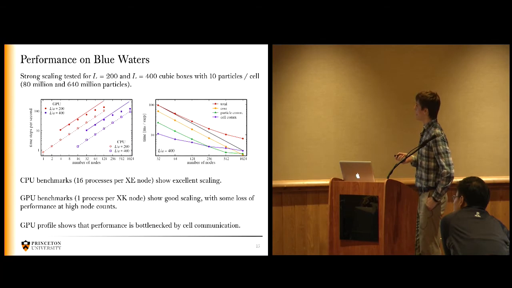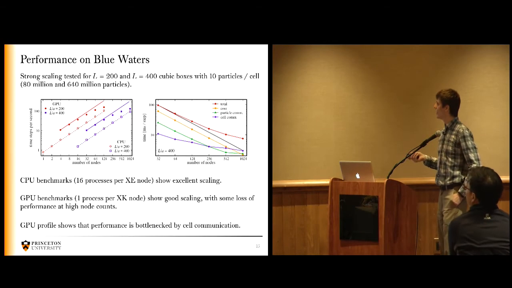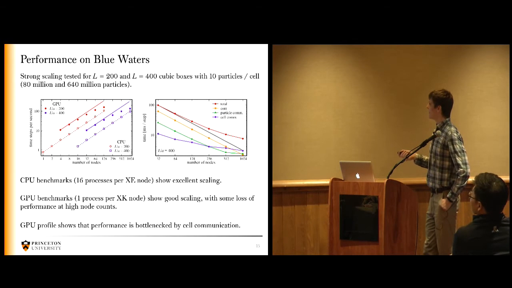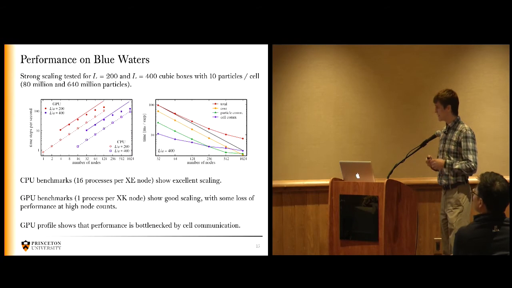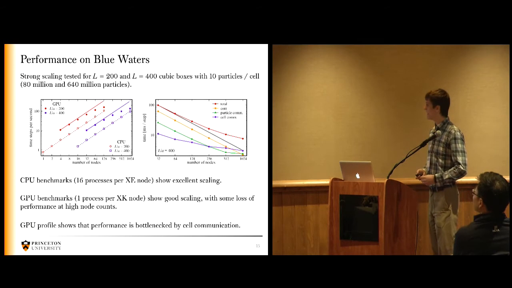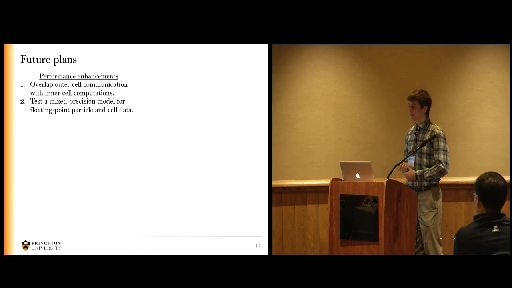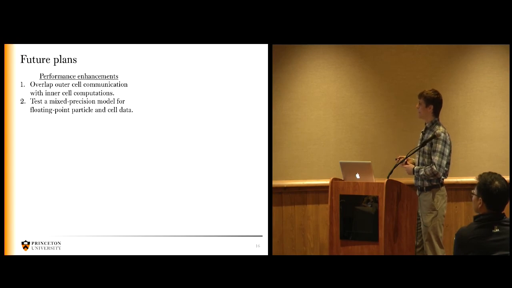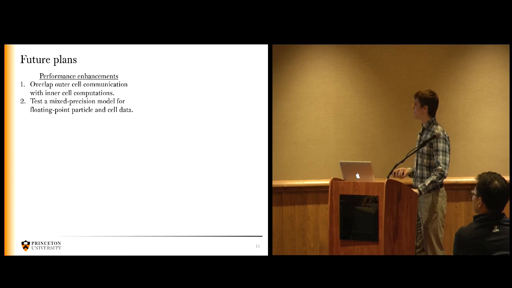We did some more direct profiling of the GPU runs to try to figure out what was bottlenecking us. At high node counts, we found that it is our cell-to-cell communication, and it's really just our data that's in flight during that. Moving forward, we're going to try 2 optimizations to improve that. One is to overlap some of that communication with our inner computations, which is very important for GPU codes.